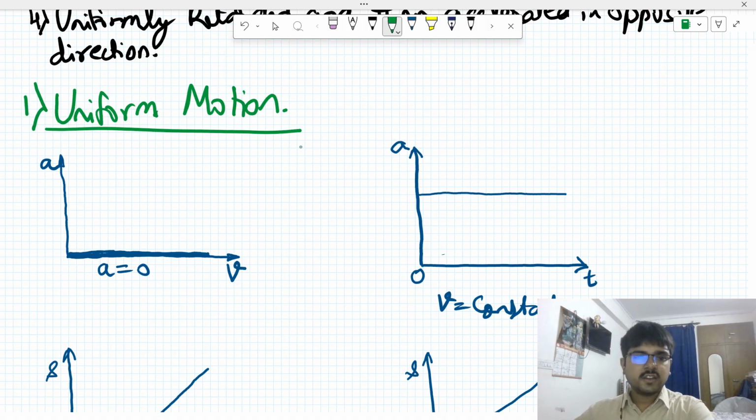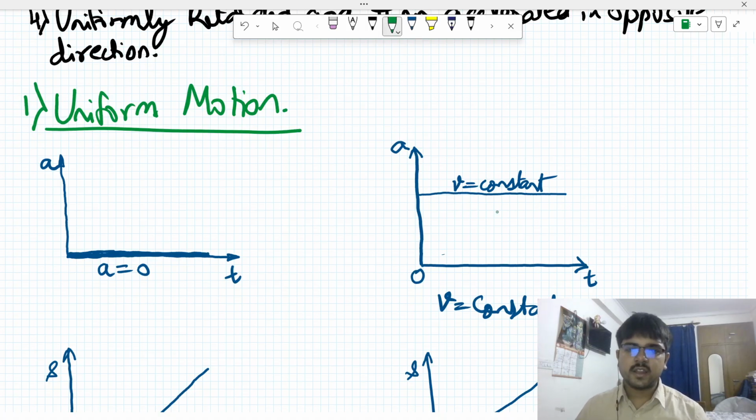So this is the acceleration-time graph, which gives acceleration equal to 0 in uniform motion. In the velocity-time graph, if v is constant, then we will have v equals constant. This type of graph will be there.